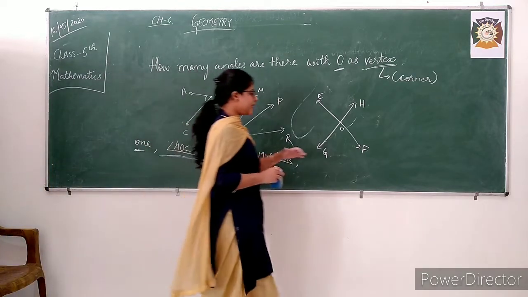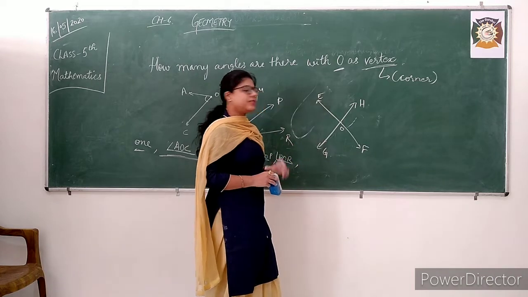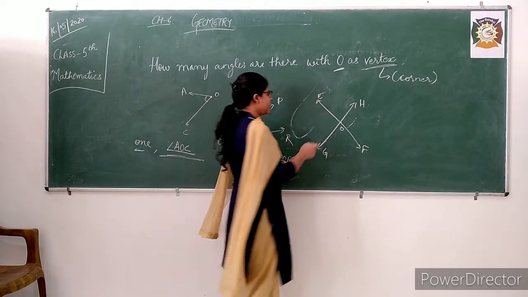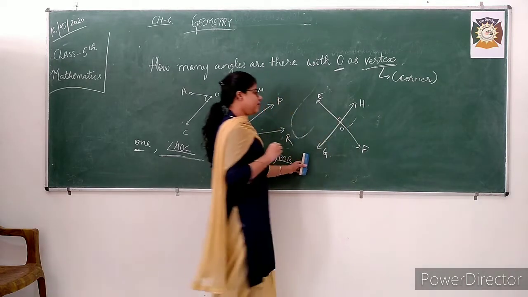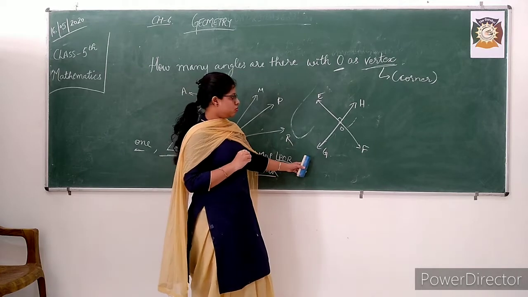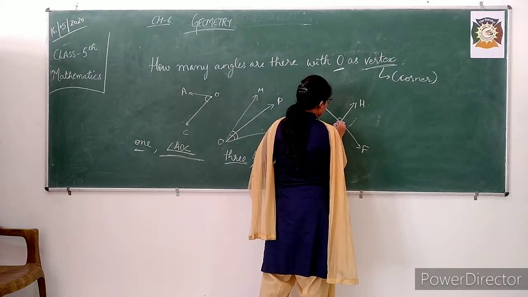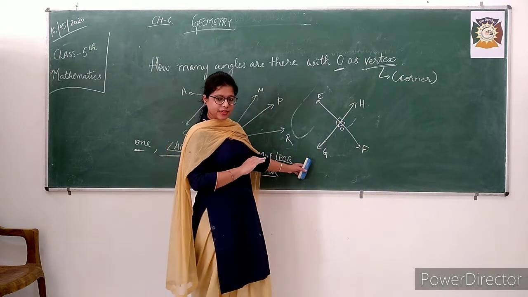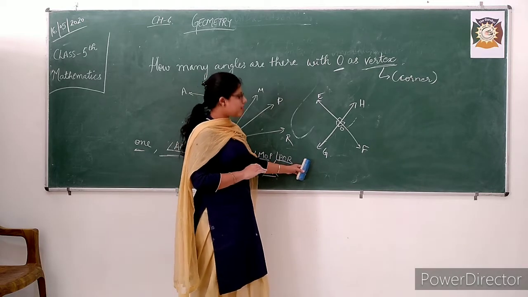Moving forward, in this diagram, how many angles do you observe? There are many angles. The first angle at vertex O is this, and it is a right angle also. Second is this. Third is this. Fourth is this. Can you observe any other angle? If you try to think, yes, you will get more angles also.